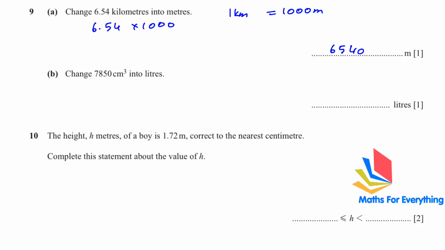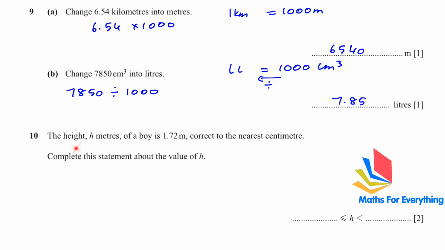Next, change 7850 cubic centimeters into liters. 1 liter is equal to 1000 cubic centimeters. So to change cubic centimeters into liters, we have to divide by 1000. 7850 divided by 1000 will give us 7.85 liters.